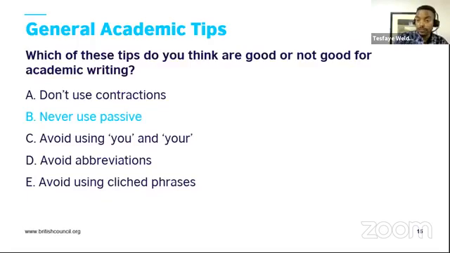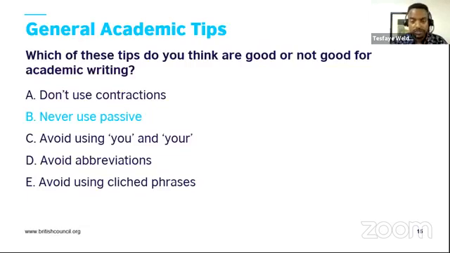Avoid using you and your, because in academic or formal writing we try to avoid personal comments and make them impersonal. And that's key. So we normally use third person singular pronouns rather than first and second person pronouns.